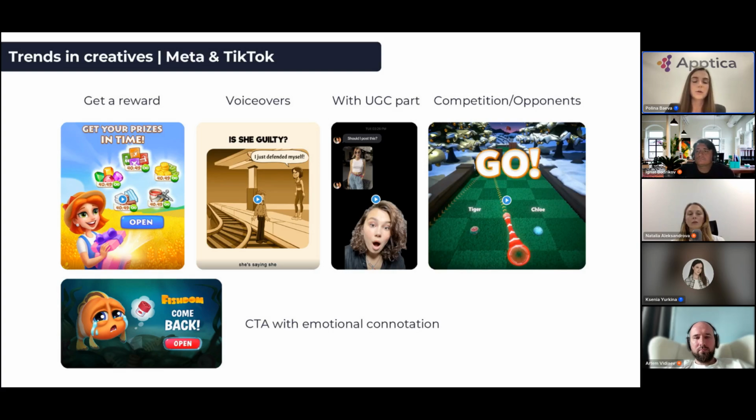So they are using rewards, voiceovers, some emotional connotation parts. Moreover, there was a strong shift towards user-generated content, and a lot of collaborations with creators and advertisers were also noticed because this brings a pre-existing audience and a trustworthy voice.